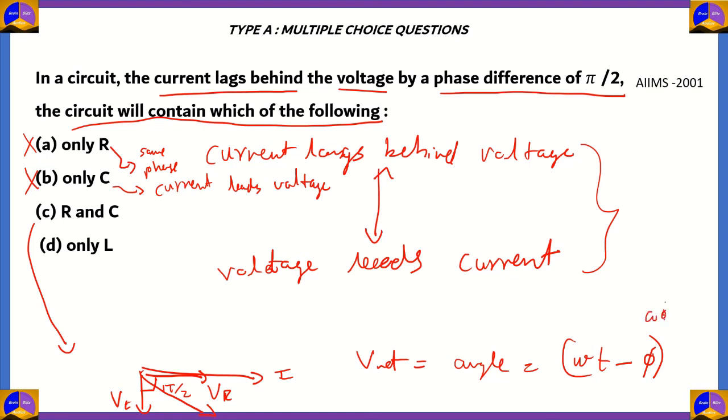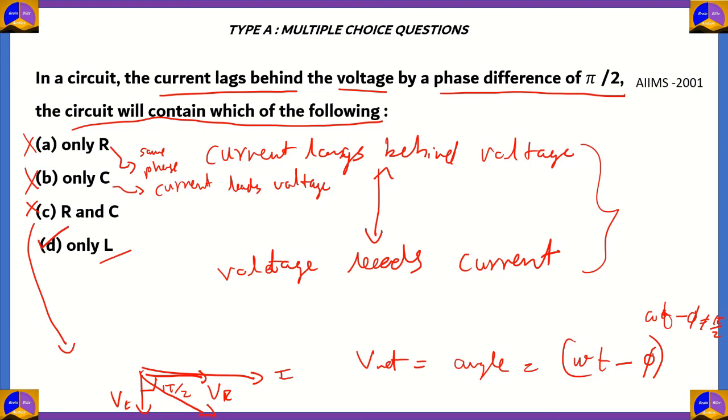So omega t minus phi is not equal to pi by 2 because we have both a horizontal and a vertical component. We have horizontal and vertical vectors, so we need to find the sum of both the vectors. So it is at an angle which is less than pi by 2. So the phase difference is not pi by 2. So option C is incorrect. The right answer is option D, only an inductor.